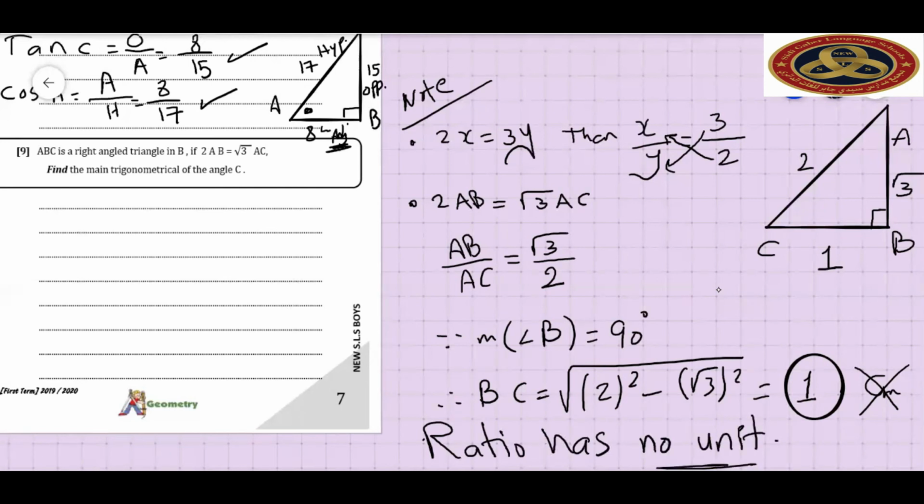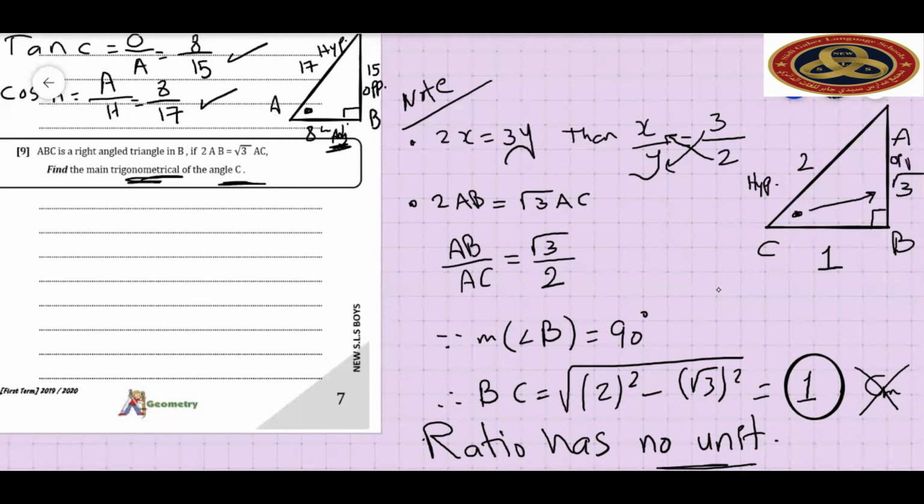You understand it? Excellent. Now he asked me to find what? The trigonometrical ratios of angle C. What is angle C of the triangle? Yes. AC is called what? AC is called the hypotenuse. And where is the opposite?